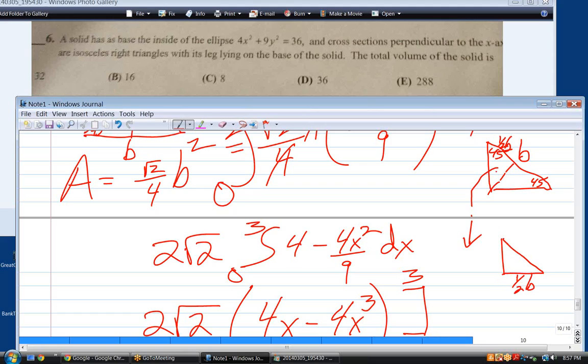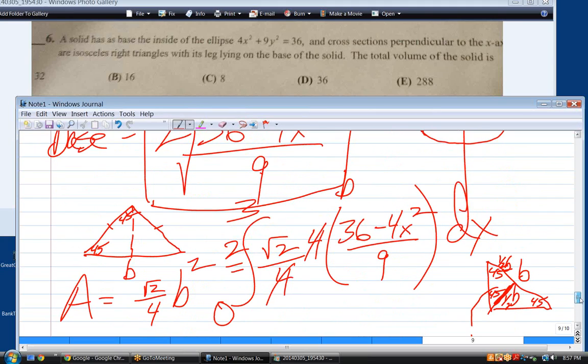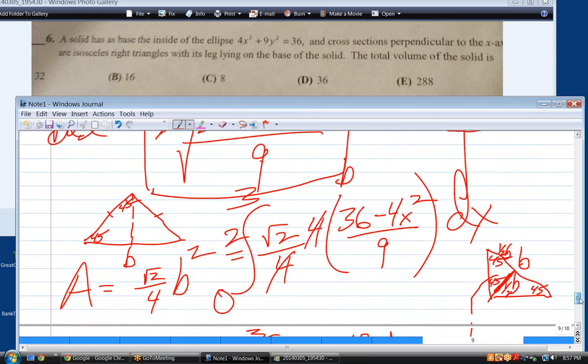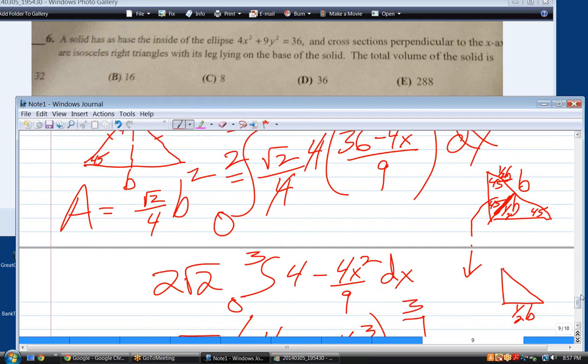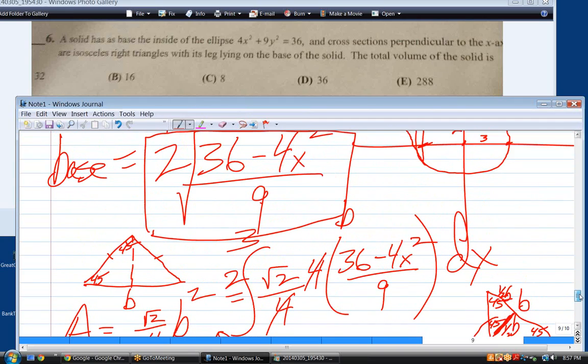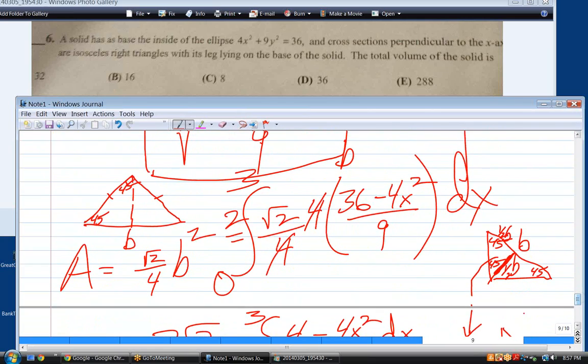And I'm wanting to find this measurement here. So that would be half the base also. So it's not root 2 over 2. When I go back to my area, it's 1/2 the base times the height, which is 1/2 the base.